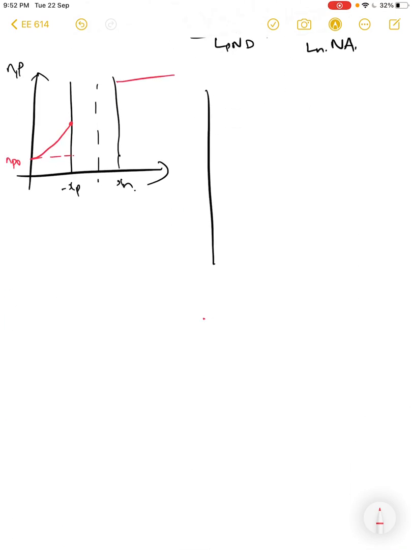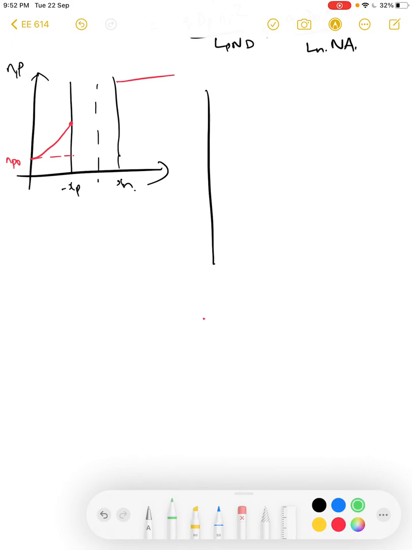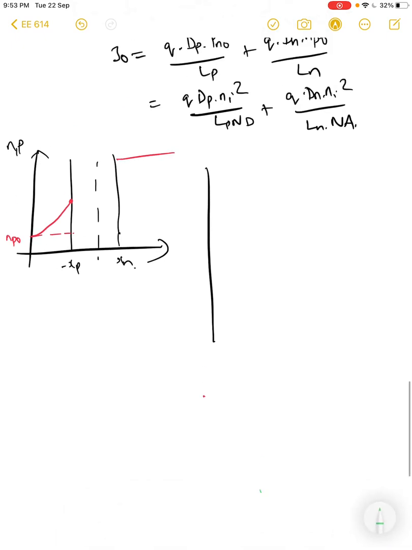Similarly, on the other side you have very high density here. This is the hole side. You have Na, and you have some density much higher than the equilibrium density, and then it falls down exponentially.